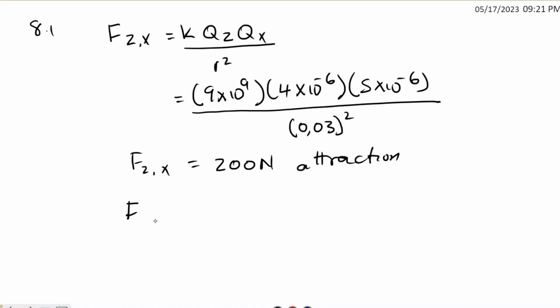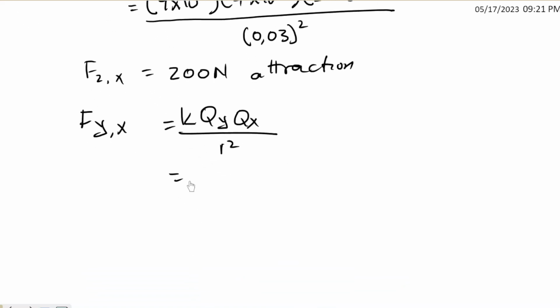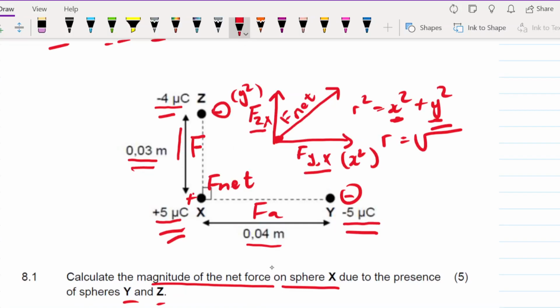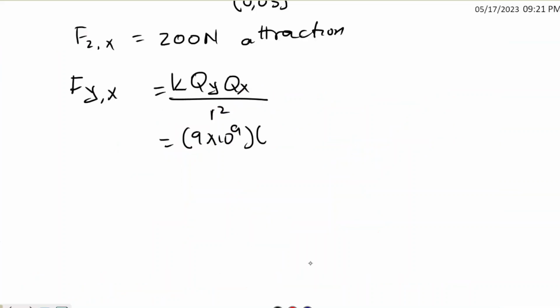Now we go and find the force of Y on X. The force of Y on X will be k QY times QX all over r squared. So we continue, K is the constant, which is 9 times 10 to the power 9, and QY is 5 microcoulombs.